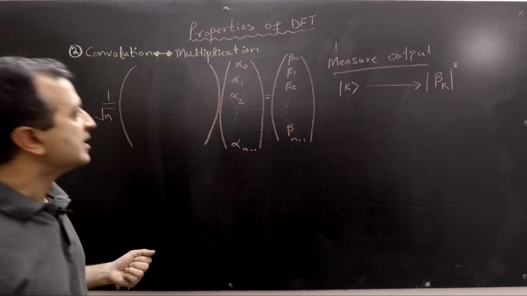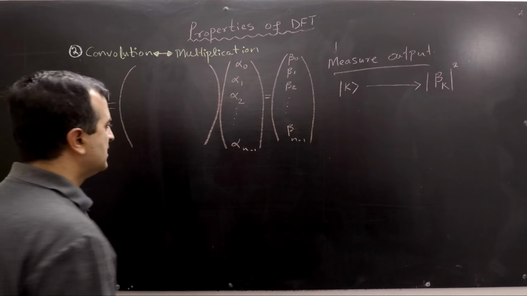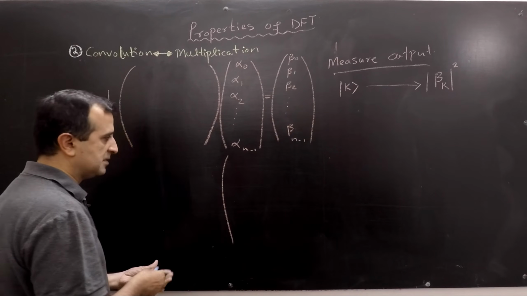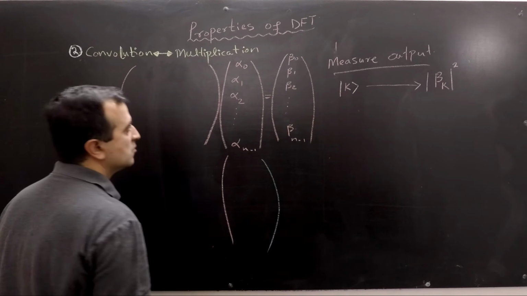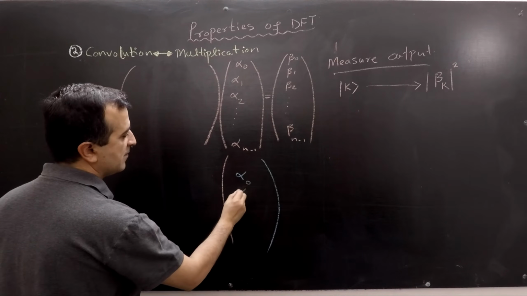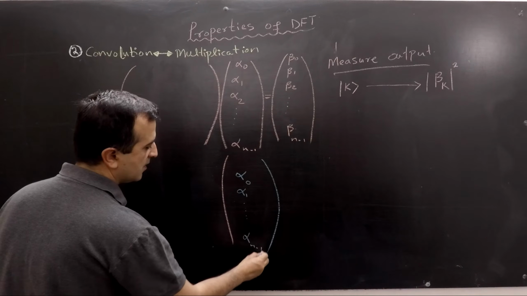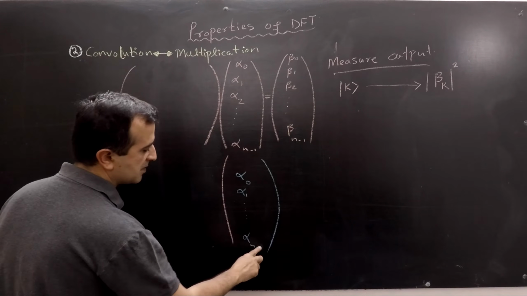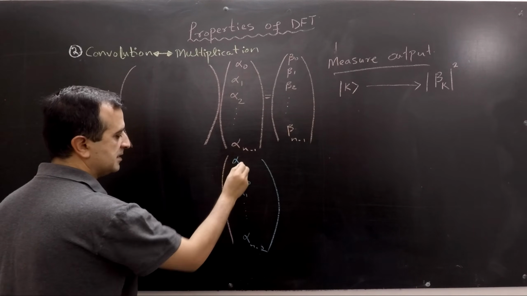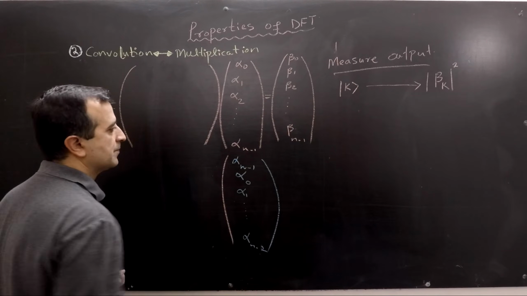And now if I linearly shift my input, let's say by 1, so here my input is linearly shifted by 1. Now I have alpha 0 here, alpha 1 here, and at the end I have alpha n minus 2, whereas the last entry is now the first entry. So the first entry becomes alpha n minus 1.